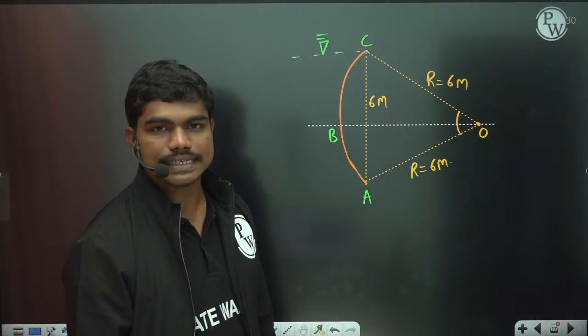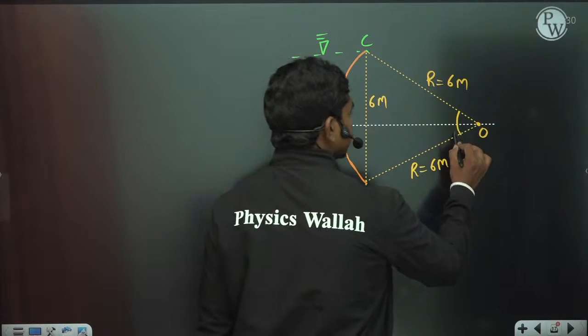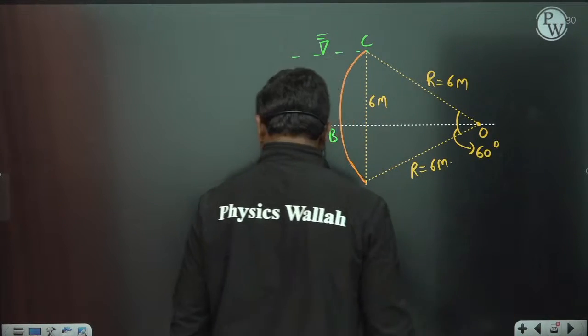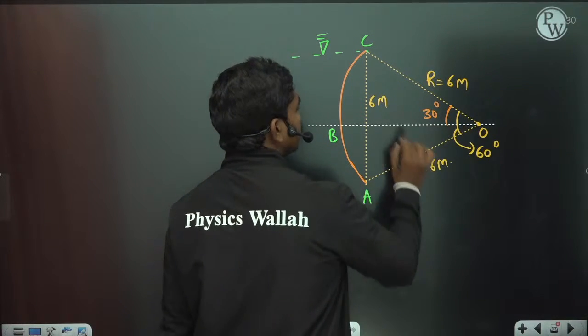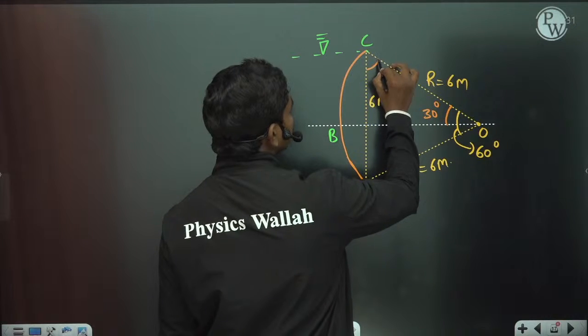Because it's an equilateral triangle. So this is 60, and obviously this here is 30. This is 6, this is 6, so this is 60, of course.